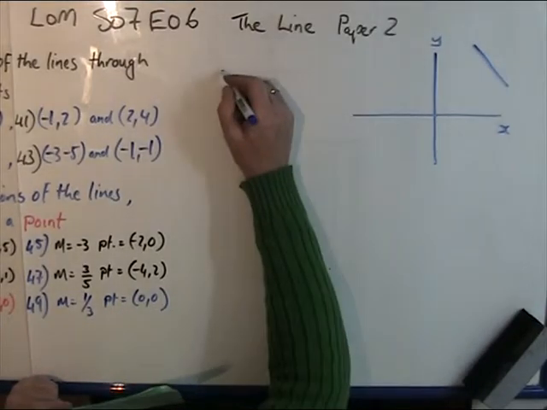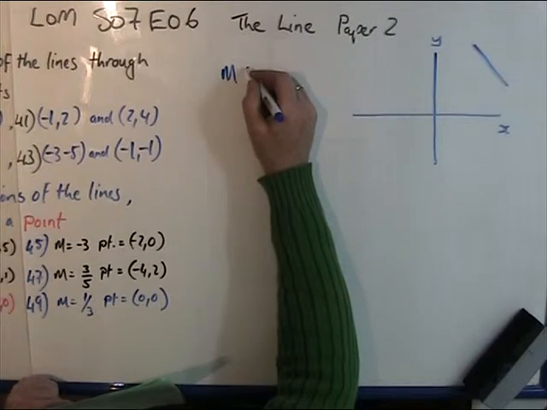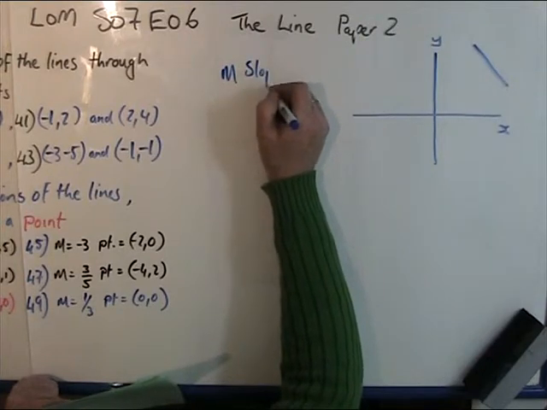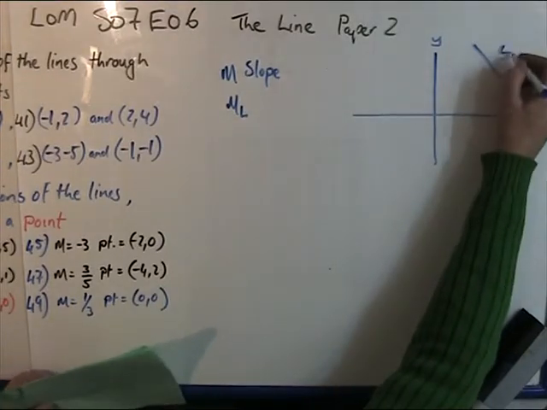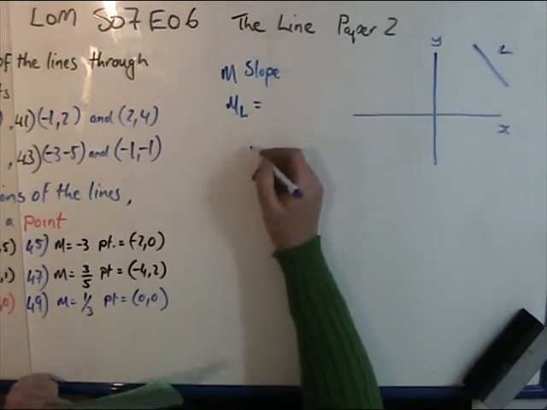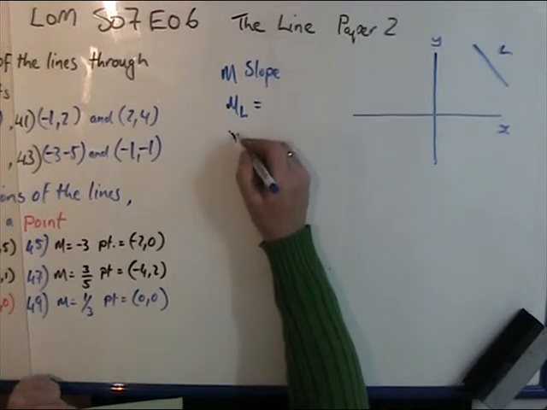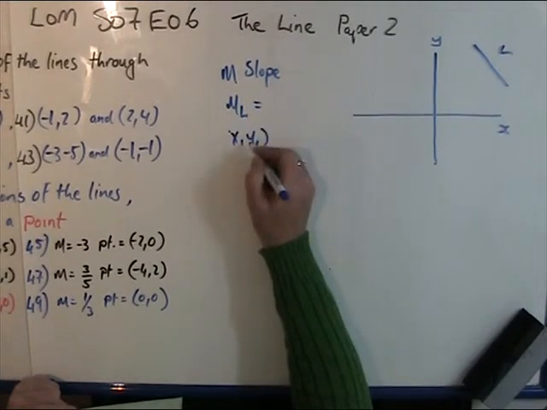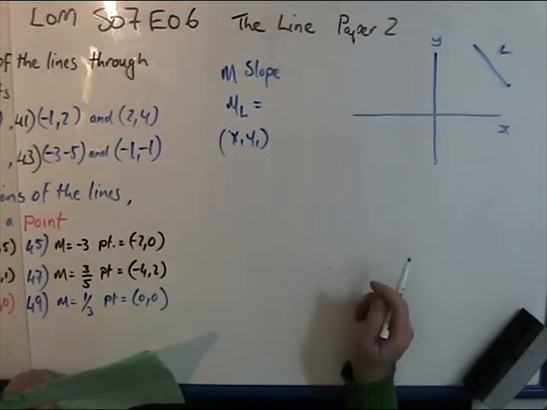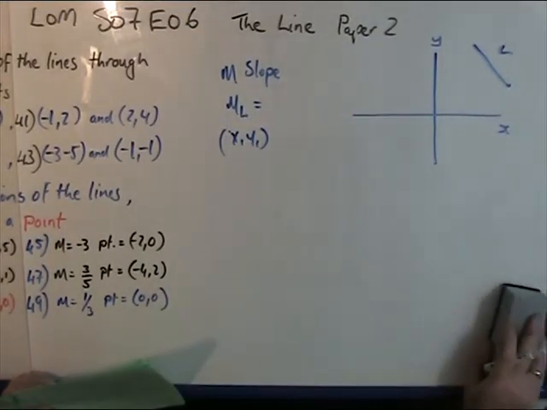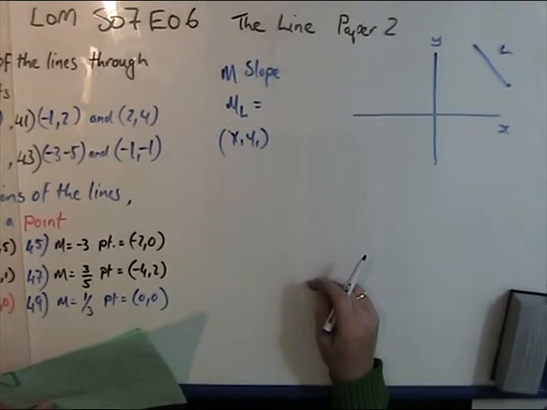You need the slope, which is also known as M, so M of L is equal to something, and you need a set of points, X1 and Y1. All you need to know is a point on that line. Now I'm going to show you how to do one, giving those details.